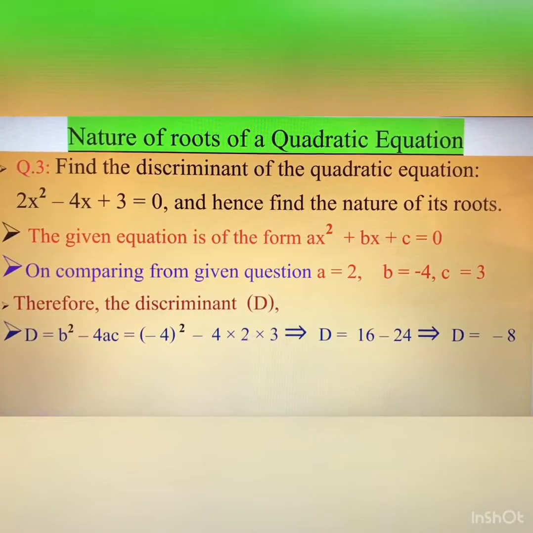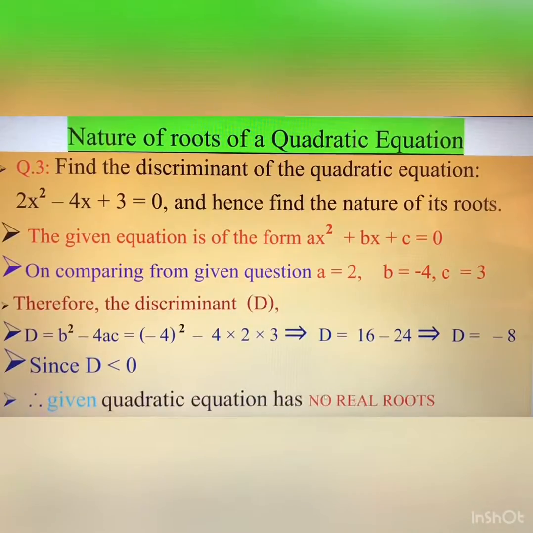So minus 4 square means 16, and 4 times 2 is 8, and 8 times 3 is 24, and 16 minus 24 you will get minus 8. Since this value is negative, D is less than 0. If D is less than 0, it means the given quadratic equation has no real roots.